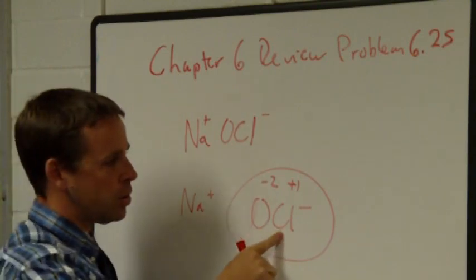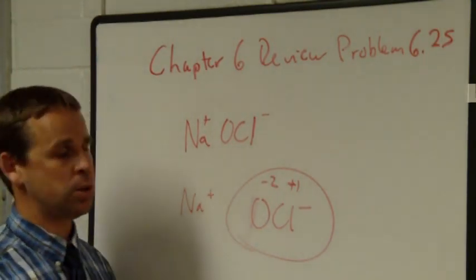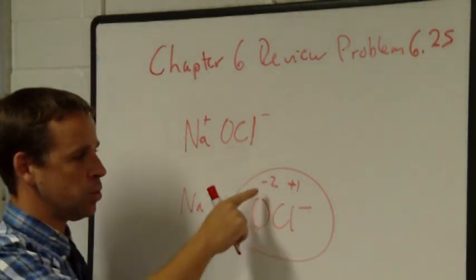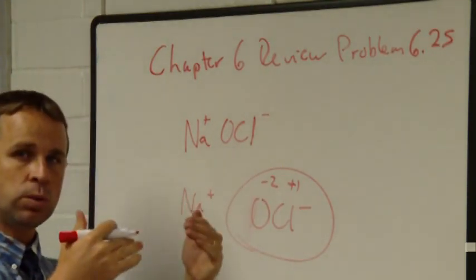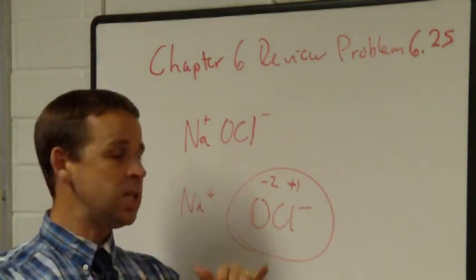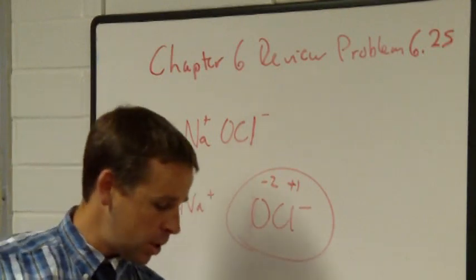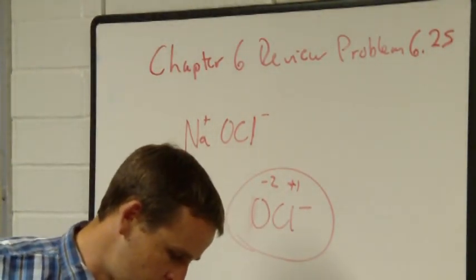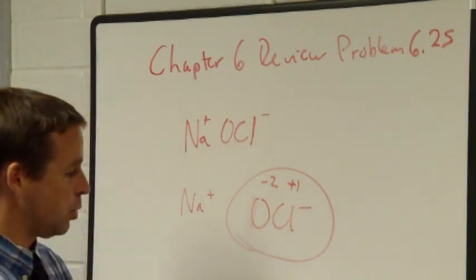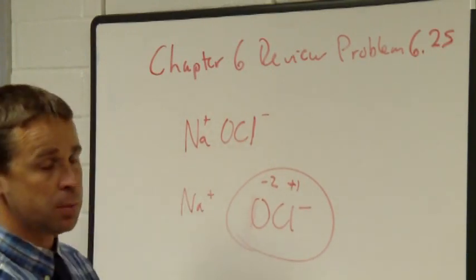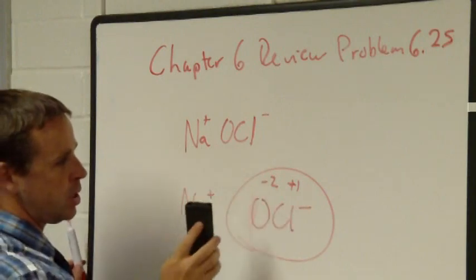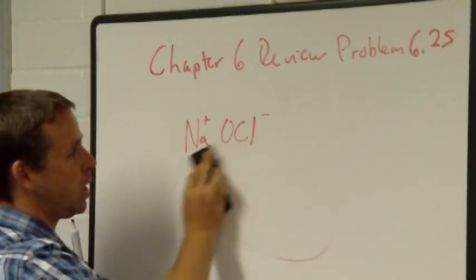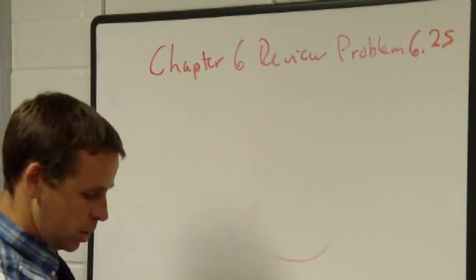Now, chlorine's rule generally is that it has a -1 charge, but oxygen's rule is a -2, and oxygen's rule supersedes that of chlorine. It's higher up on that list. It's rule number 5, whereas the chlorine rule is number 6. So oxygen is -2, chlorine is +1 in that compound, and sodium is +1 as well.